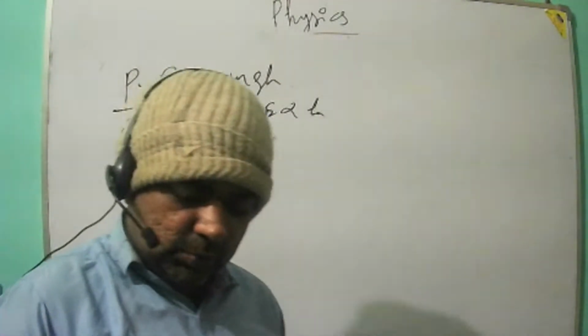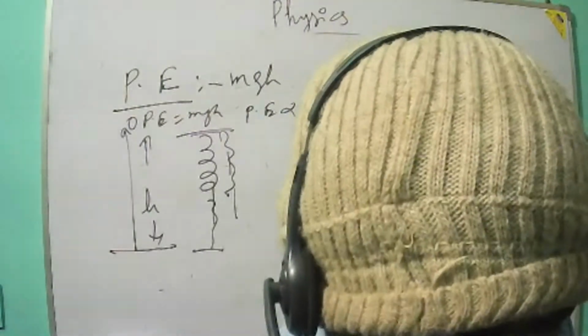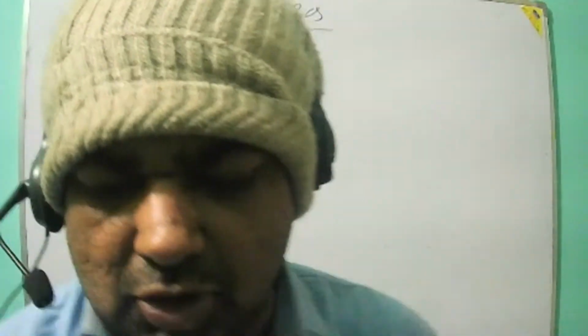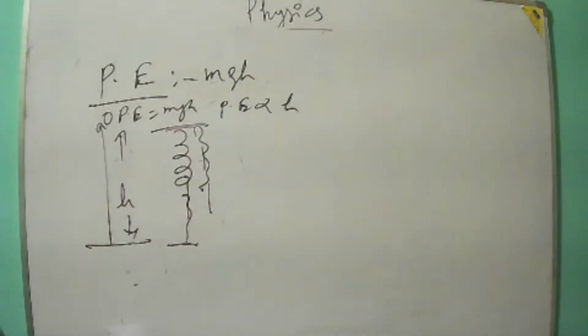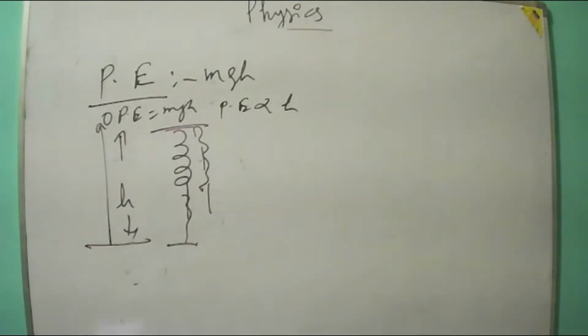Based on these two, there is one law that is called law of conservation of energy. This law of conservation of energy is a very famous law and is very important also. What does this law state?